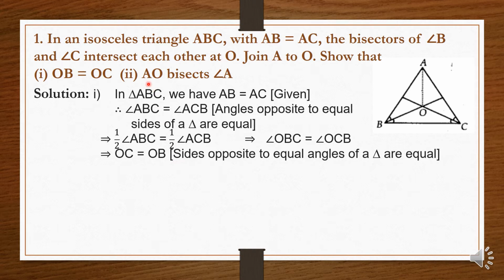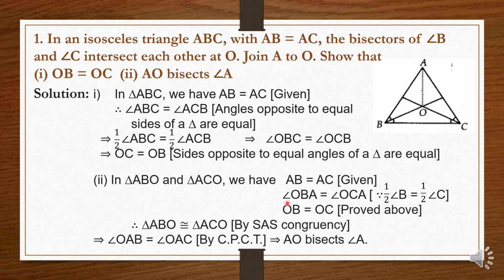The second part has asked to prove that AO bisects angle A. So we have to prove this straight line is bisecting angle A, that is angle BAC. In triangles ABO and ACO, this triangle here and this triangle here, we will prove that these two are congruent to each other.